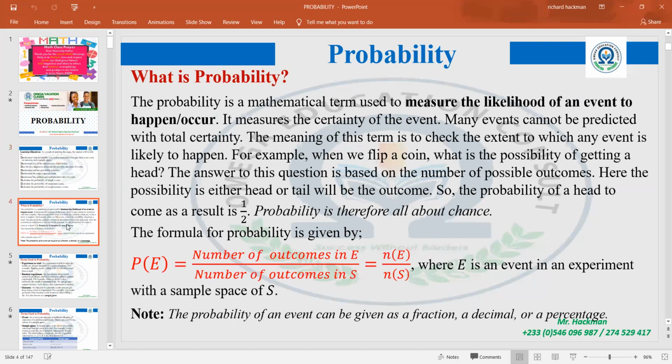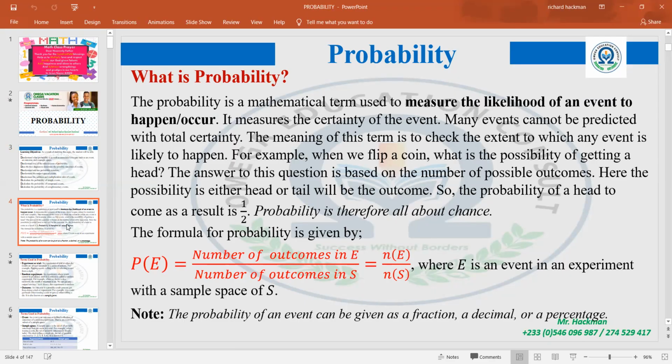For probability, you basically need to know the definition, what is meant by probability, and basic terms. All that we are going to do today will be on the first objective: understanding probability and the various concepts or terms related to probability.